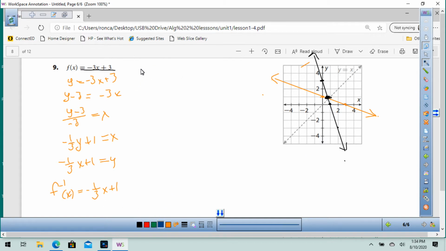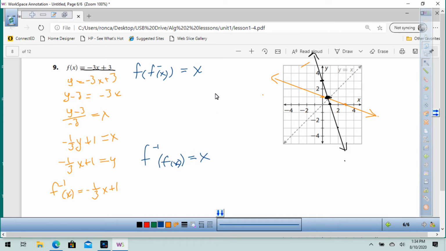Now let's do composition. Composition is where you put one equation in another. So you have f of the inverse of f of x. If that equals x, then you have an inverse. And then the inverse of f of x, if that equals x, you have an inverse.